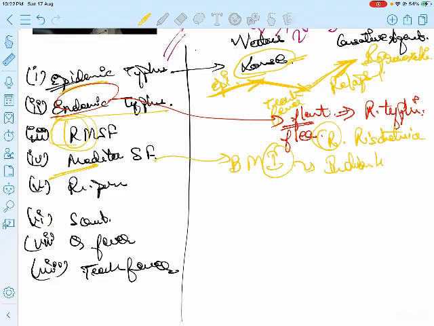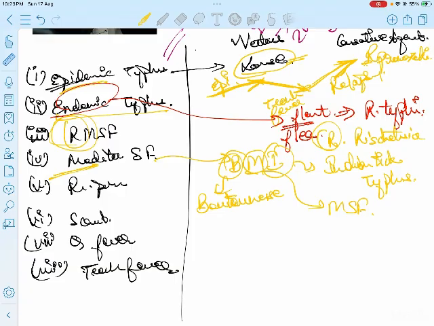I is for Indian tick typhus. And B is for Bhutanese fever. And M is for Mediterranean spotted fever.